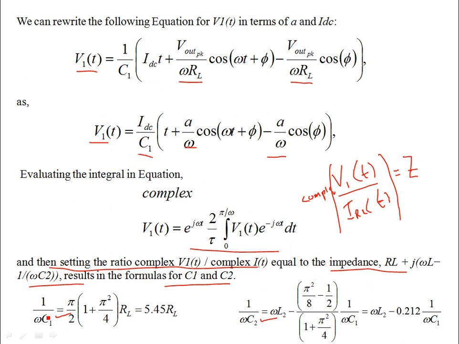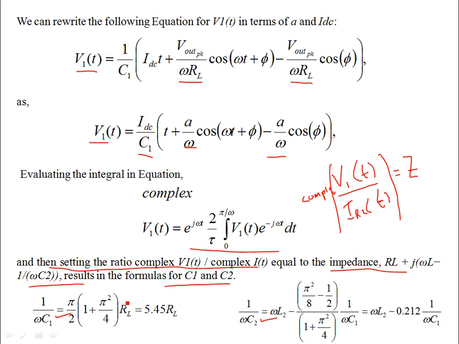So if you work out the equation, you can do some algebra to get the equations for C1 and C2 separately in terms of L2 and C1, or in terms of RL. Basically these are the design equations. I suggest you carry out this algebra to show that this is the case.